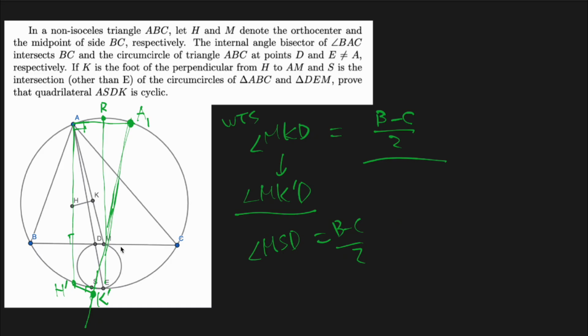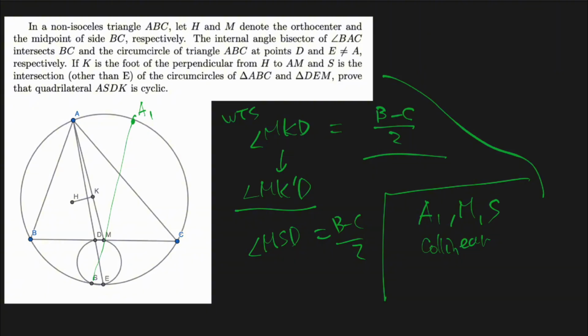Okay, and how can we do that then? So, because we've concluded that K prime is on this circle and it's on the line A1M, then it must mean that we have to prove that A1, M, S are collinear. So we have now reduced the problem down to showing that the points A1, M, and S are collinear.